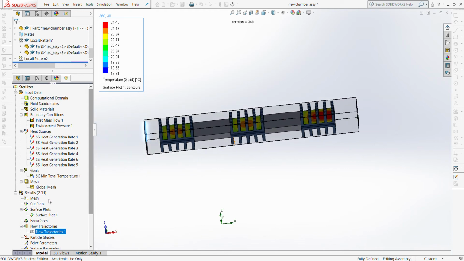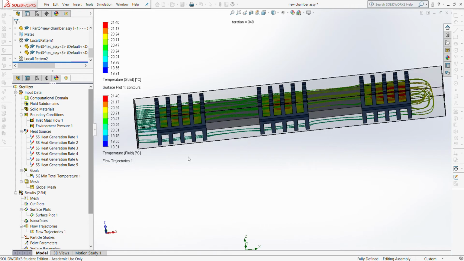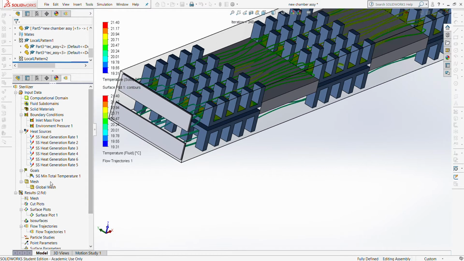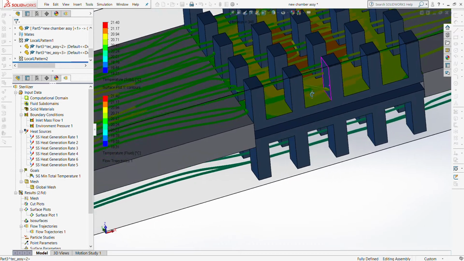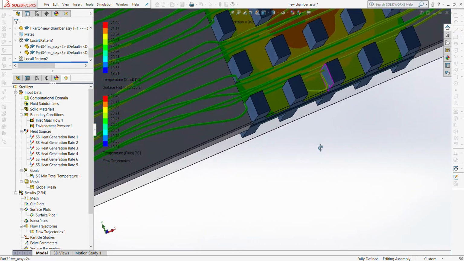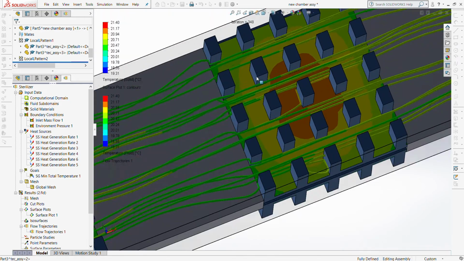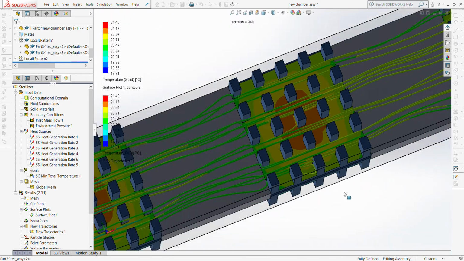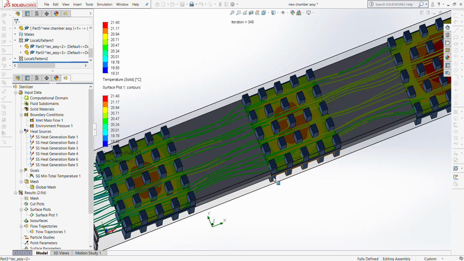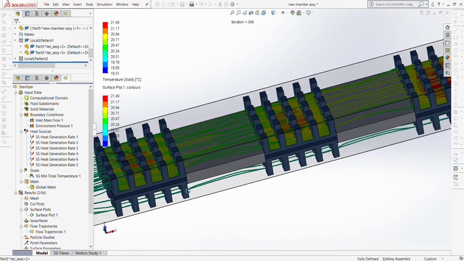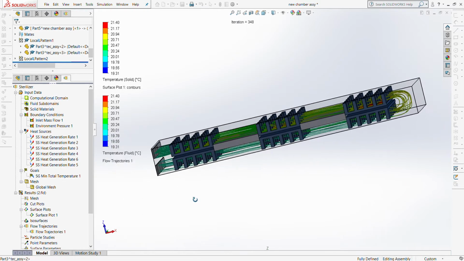So if I was going to look at the flow trajectories again, you can see some interesting things here. I'll hide the, you can see how there are some vortices developing. It's not too many. If I increased the number of streamlines, I might be able to see more. I mentioned some vortices at the exit, at the pressure exit.